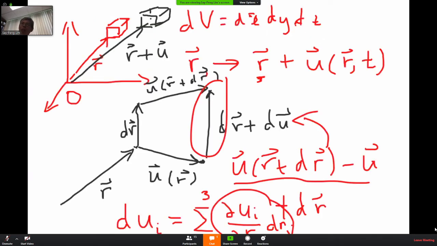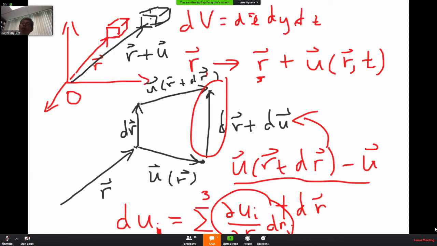you see, this is the one component, the x component, the one component of the partial u sub x by partial x times dx, partial u sub x by partial y times dy, and so on and so forth.